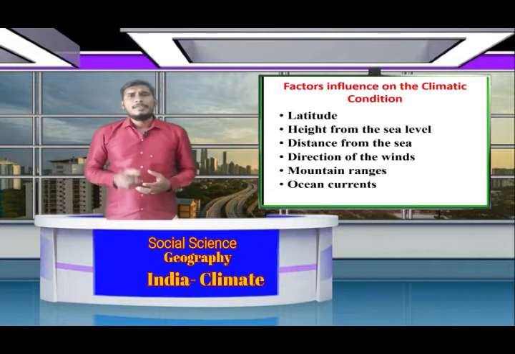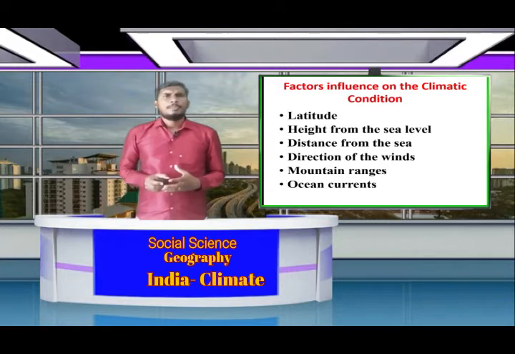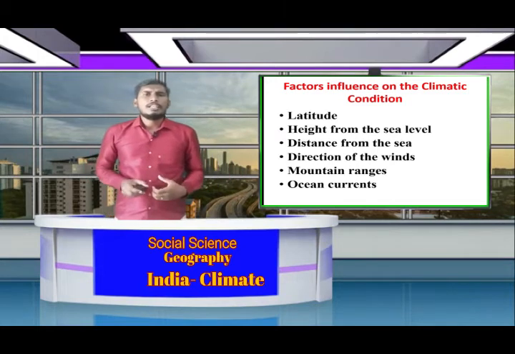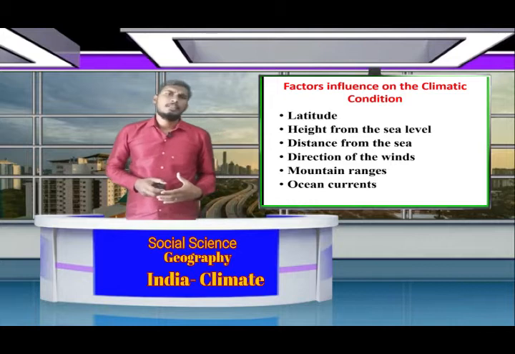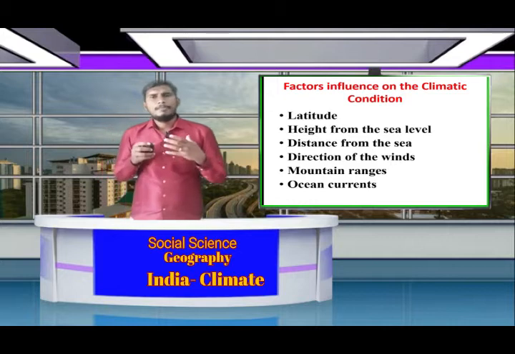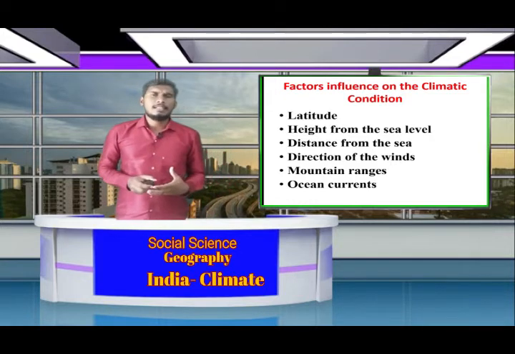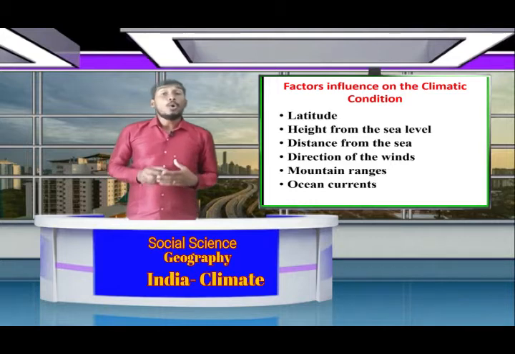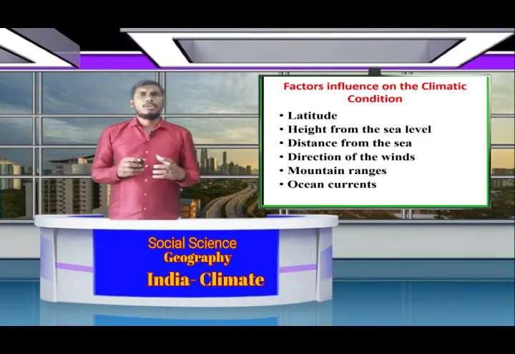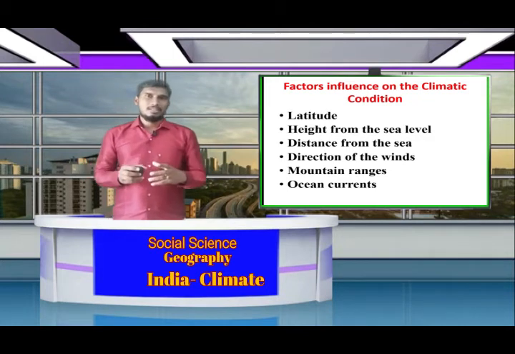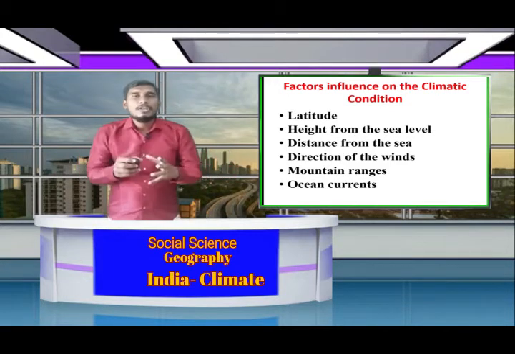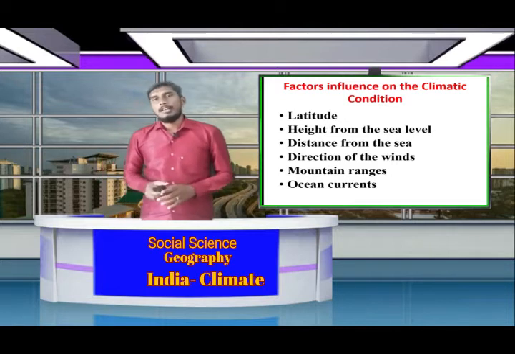The first one is latitude, the second is height above the sea level, the third is distance from the sea, the fourth is direction of winds, the fifth is mountain ranges, and the sixth is ocean currents. These are all the factors which influence a country's climate. In the same way, all the above points influence our Indian climate.